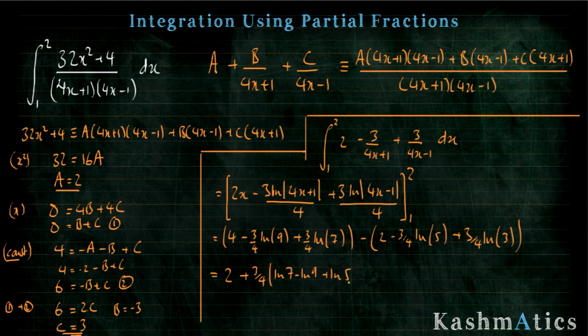And this will be a negative one, so take away ln 3. And let's simplify all of that. So I get 2 plus 3/4 ln of, now the positive ones I need to multiply, so 7 times 5 is 35, over, the negative ones, 9 times 3 is 27. And that's it. I can't simplify it any more than that.